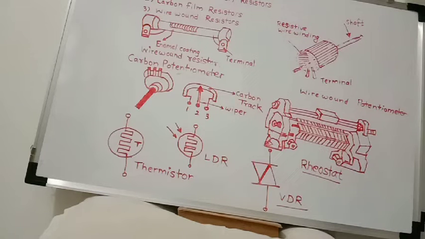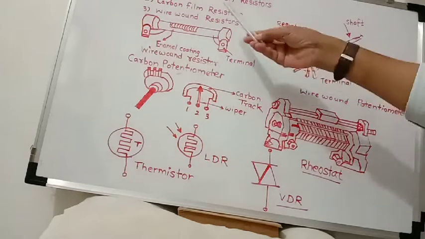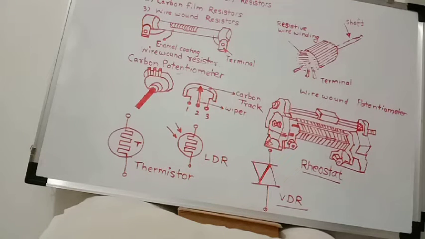Now the second type is the carbon film type resistor. This is another variety of carbon resistor.